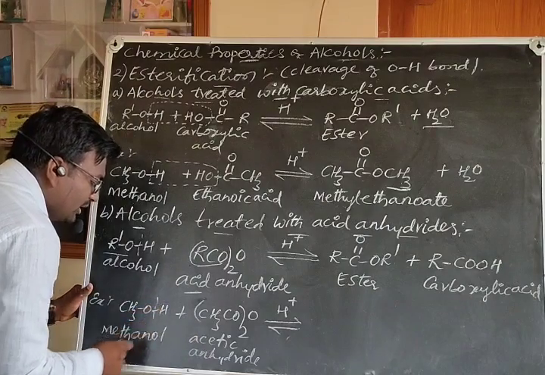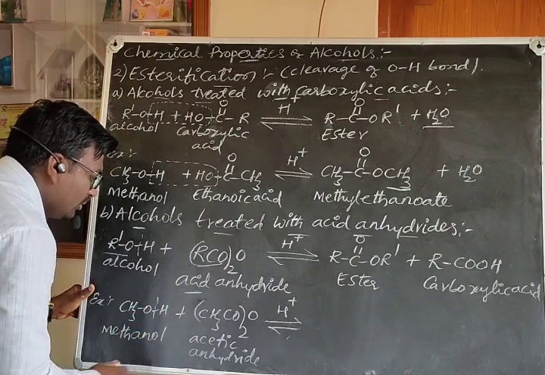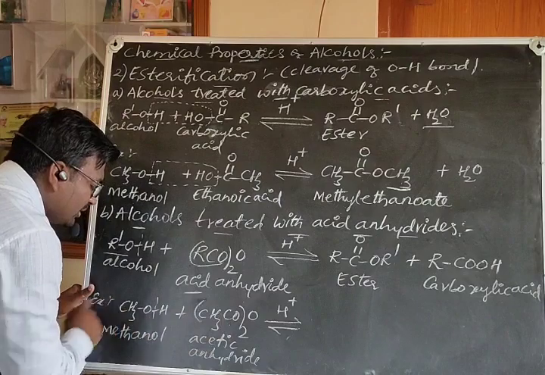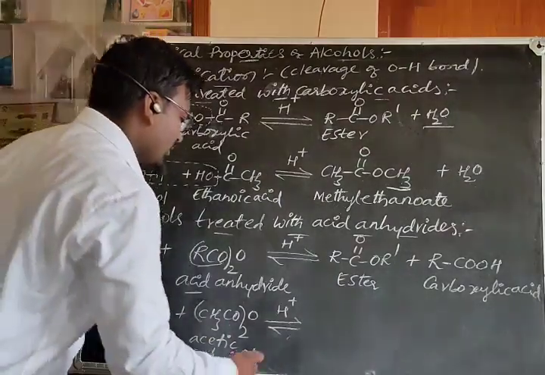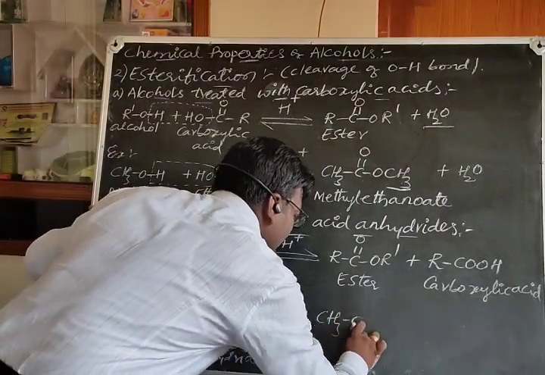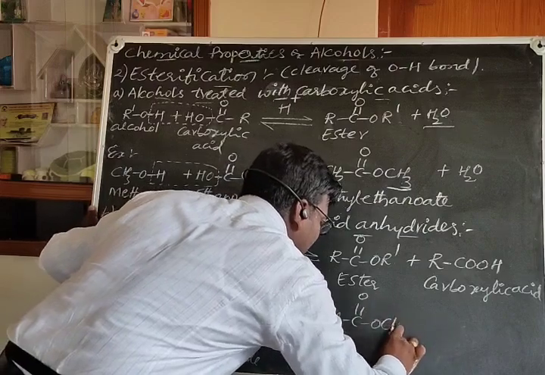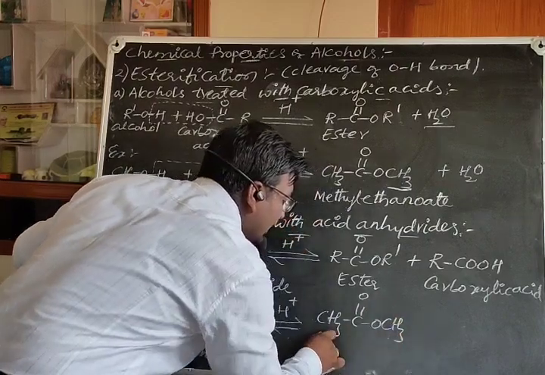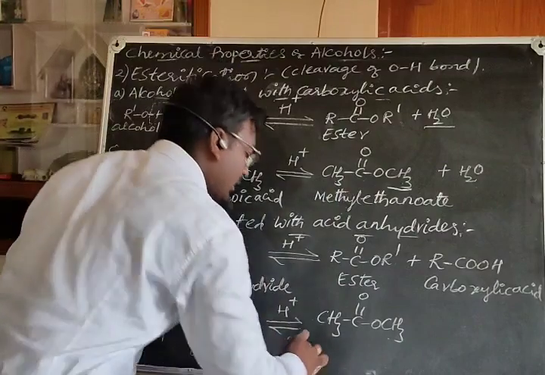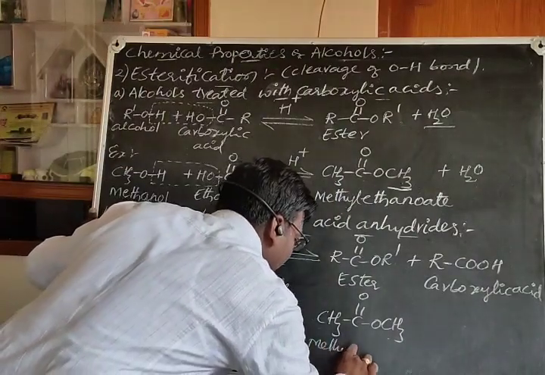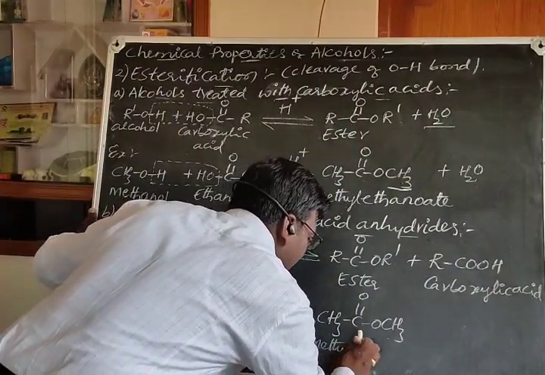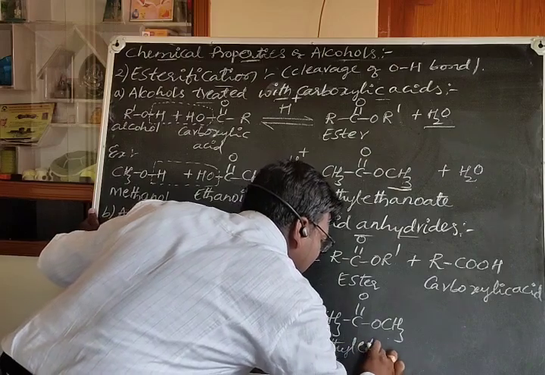This bond is breaking. Now CH3CO is joining with this OCH3. You will get CH3COOCH3. This is called methyl ethanoate in this case. Methyl ethanoate. It is an ester.